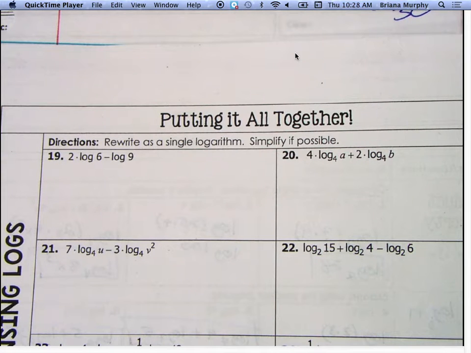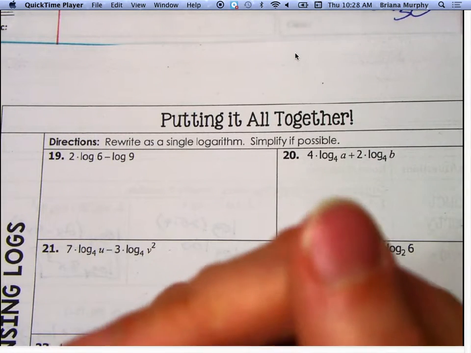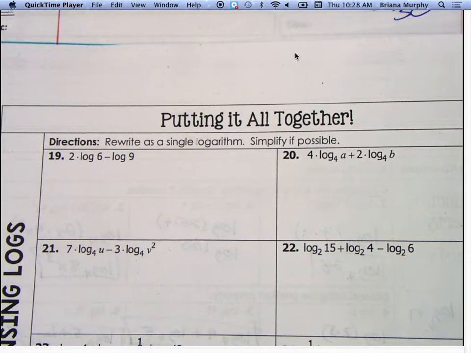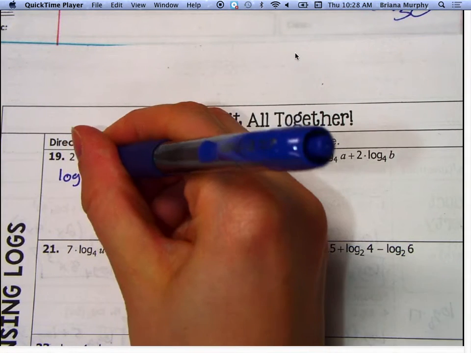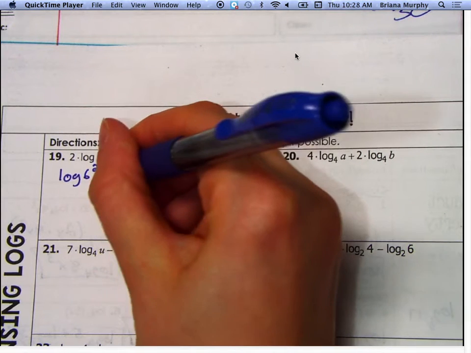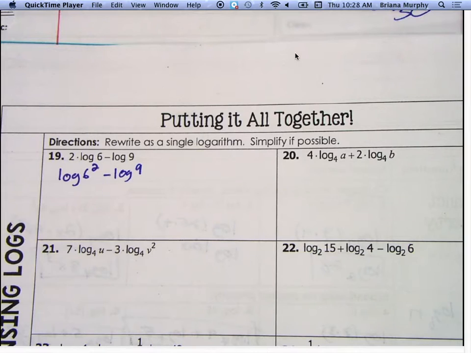First, we're going to do the power property, right? You can do them all together eventually, but I recommend breaking it down a little bit at first, okay? Log 6 squared minus log 9. So I just did the power property.